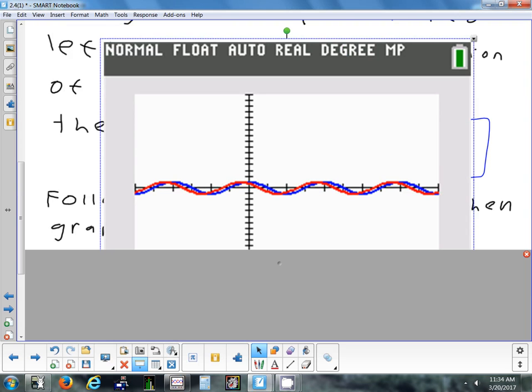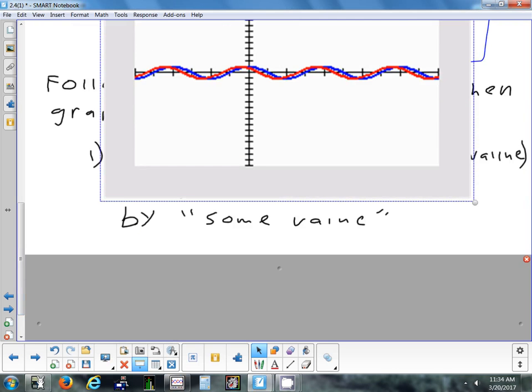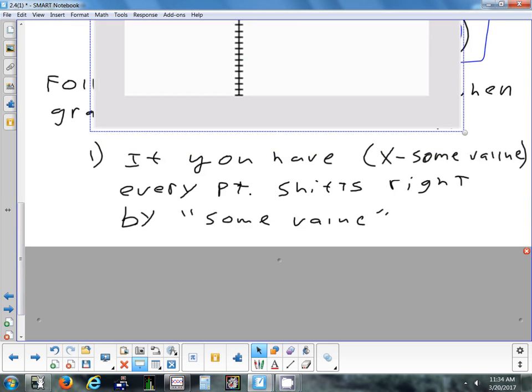It shifted left. So when I did plus 40, it shifted to the left. So the rule is, if you have minus, it would shift right. Plus is going to shift left. That's not what you would normally expect. You would think on a number line that's not how it works, but that is how it works here.